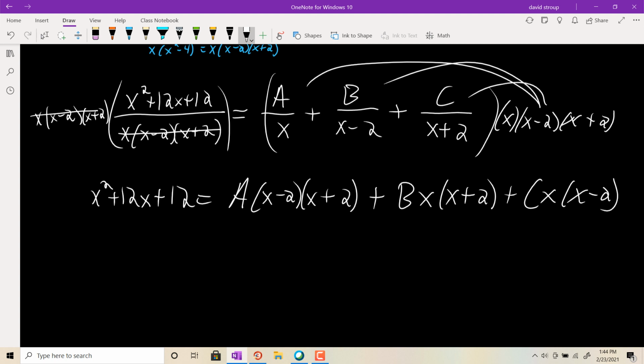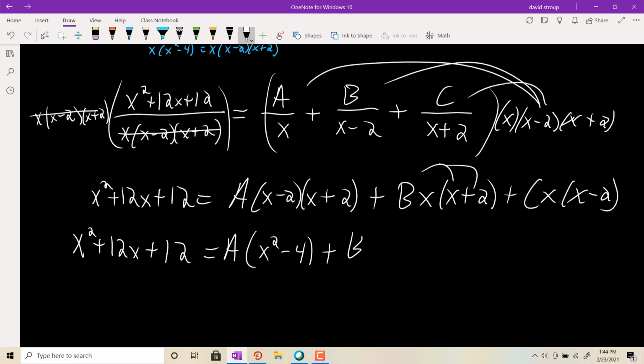Then I need to FOIL and multiply all this out, and then start gathering all the like terms and equating coefficients. So this will be ax squared minus 2ax plus 2ax is 0, minus 4a, distribute this character, bx squared plus 2bx, distribute this character, plus cx squared minus 2cx.